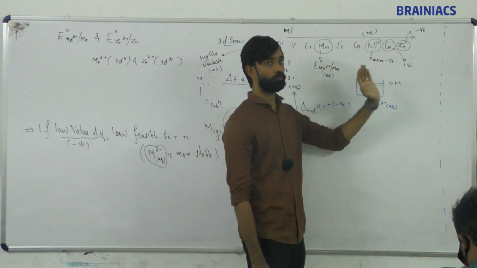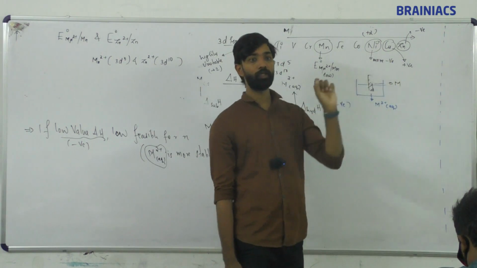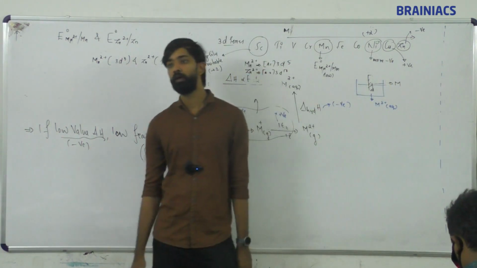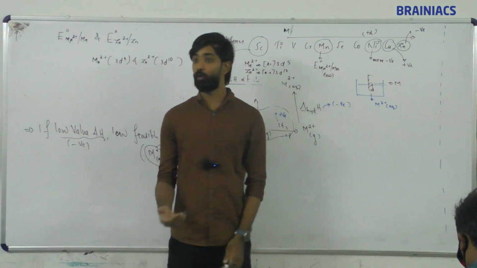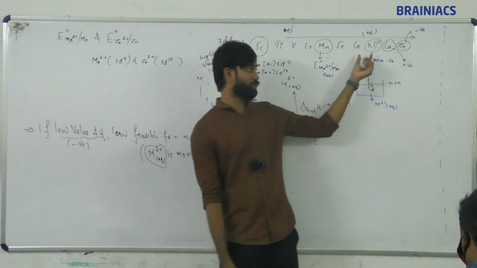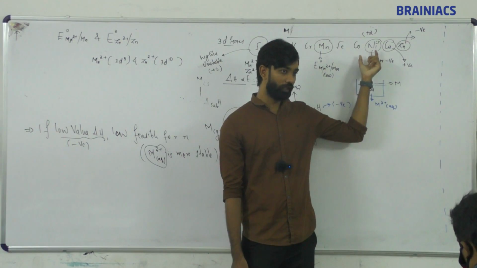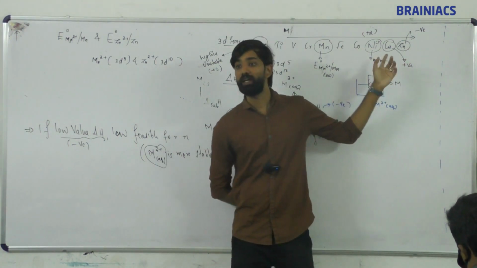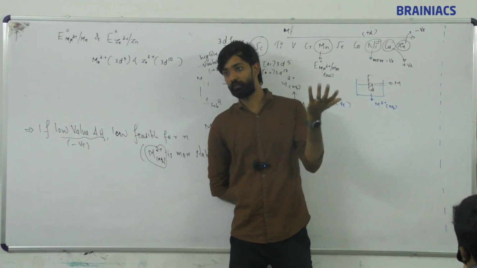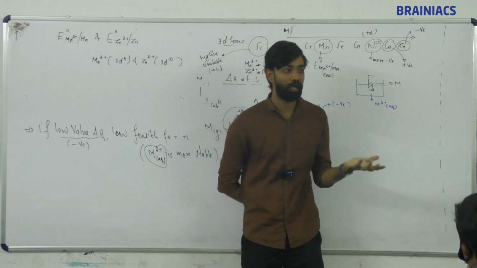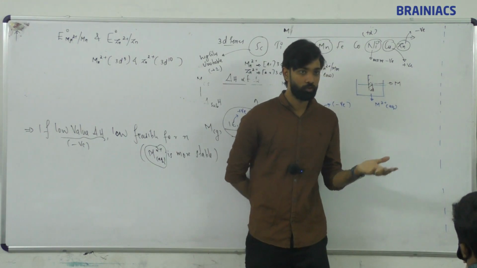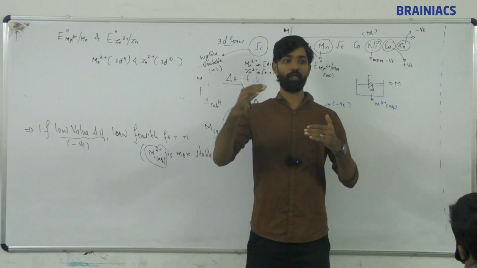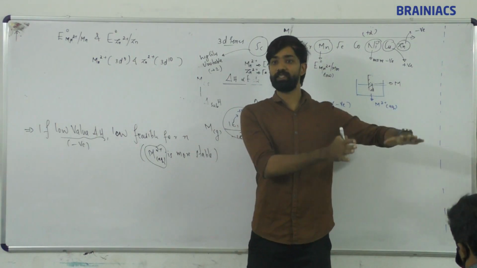Fine. So the next point: why does nickel have a more negative value? From left to right the value should increase, but nickel shows a comparatively much more negative value. The sum of ionization energy of nickel is not compensated for by the hydration energy. Nickel has a large negative hydration energy, so the released energy dominates over the ionization energy.